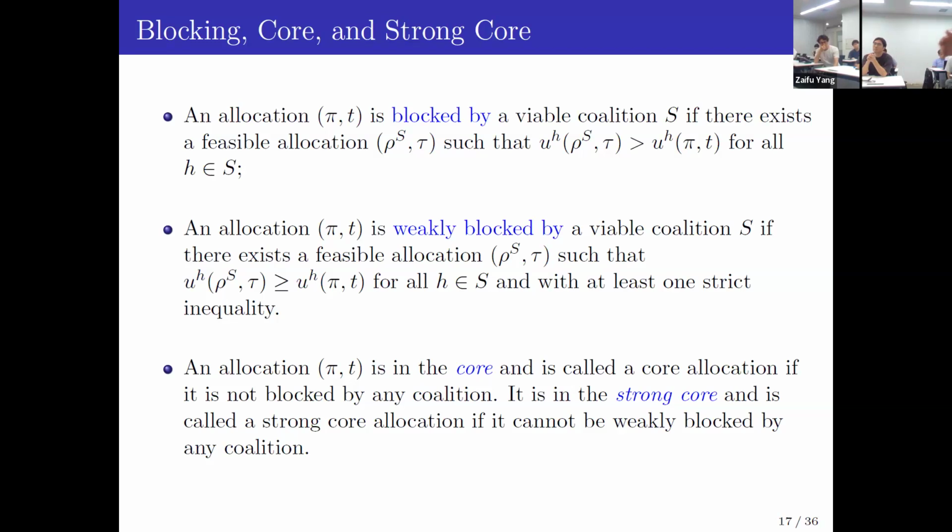Sorry. Later on we will come to that result. Basically, the auction will find a core allocation which is also strongly priority efficient if bidders are budget constrained.